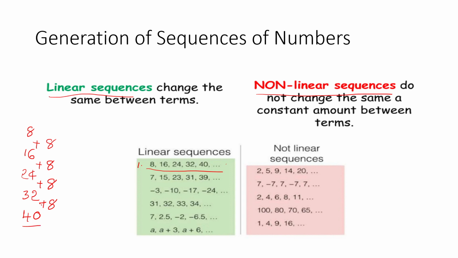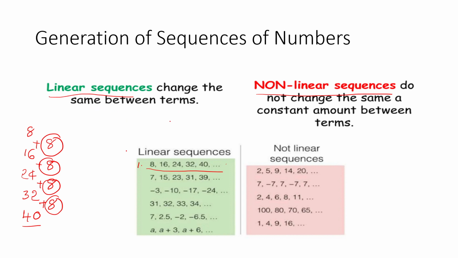Which means that when I am taking two terms, there is a constant change between every two terms in the given sequence. So it is a linear sequence. In a linear sequence, the change is the same between terms.